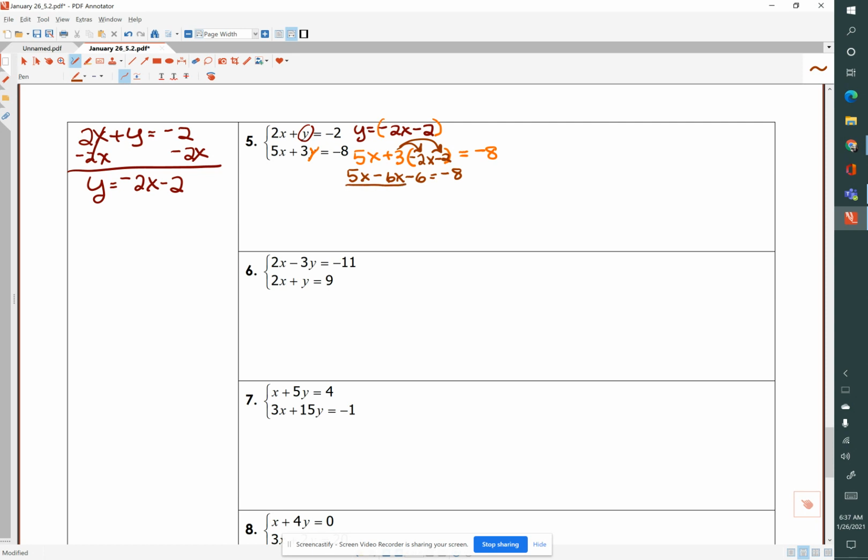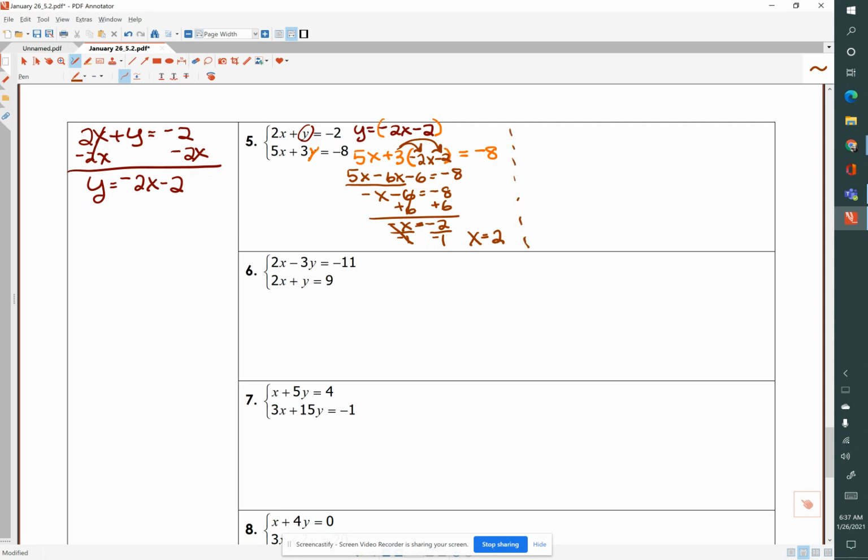Let's combine 5x minus 6x, which is negative 1x, and the 1 will be invisible. So negative x minus 6 equals negative 8. Let's add 6 to both sides. And we have negative x equals negative 2. And then we divide each side by negative 1. And x equals 2.